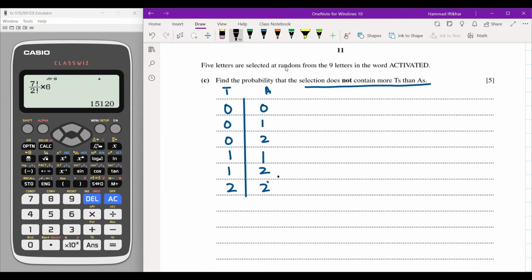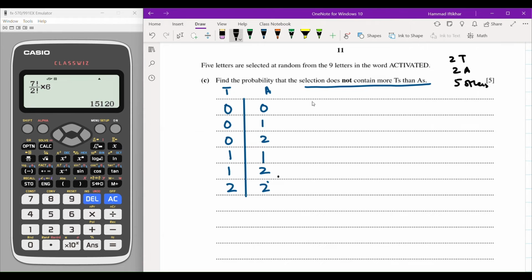Again, we're talking about the selections in general. One thing to notice here: when we have 0 T's and 0 A's, we have 2 T's, 2 A's, and 5 others.